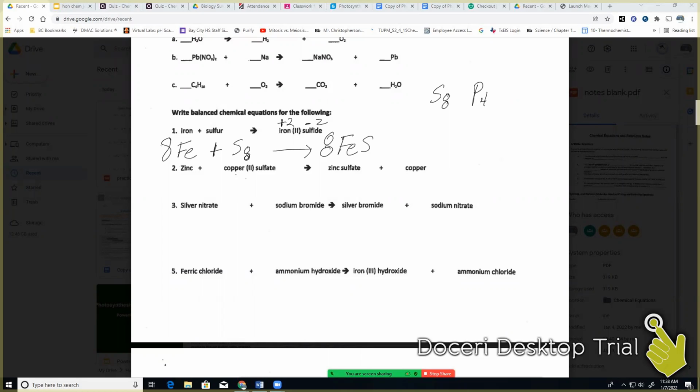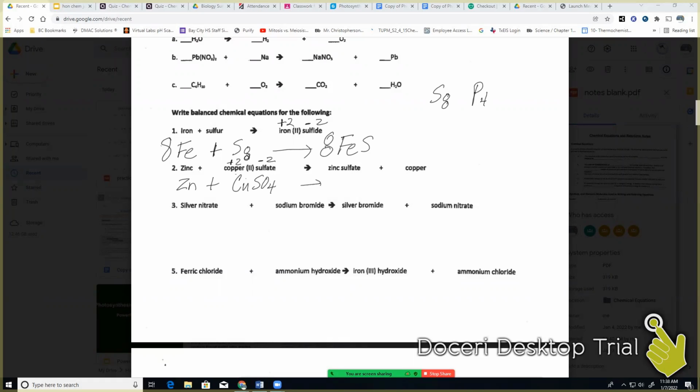So zinc, same thing as iron. Zinc is just a piece of zinc. And it's going to react with copper sulfate. So that's a compound. So I'm going to check my charges real quick. +2, -2. So once again, those are equal. So I just need to put them together. Copper and the SO4 is my sulfate.